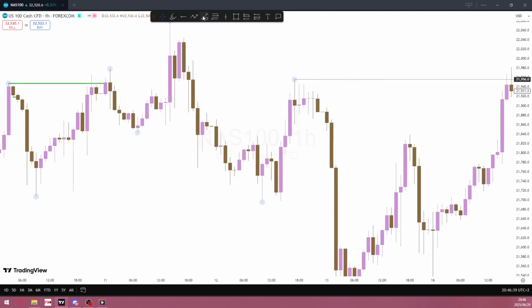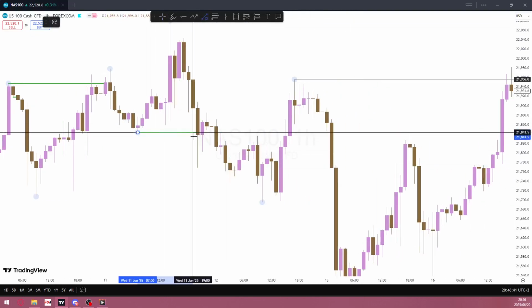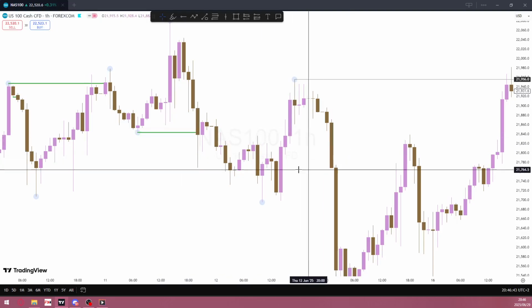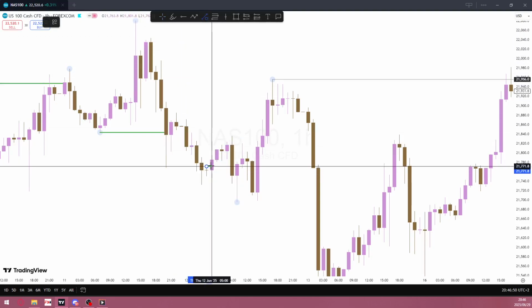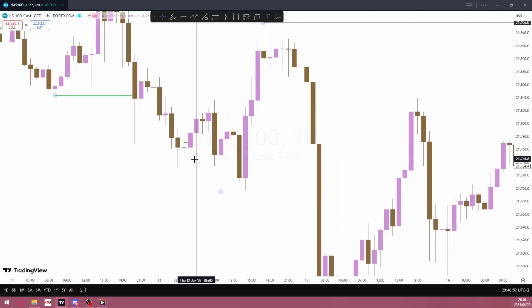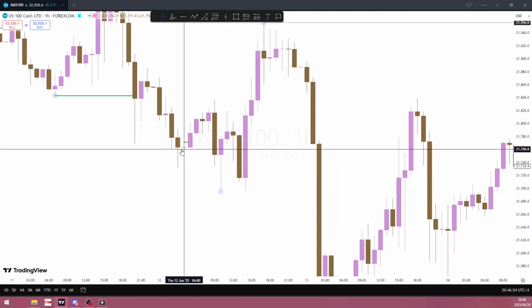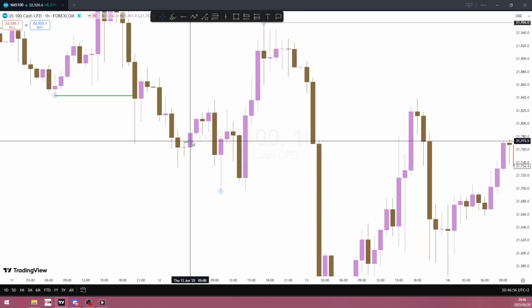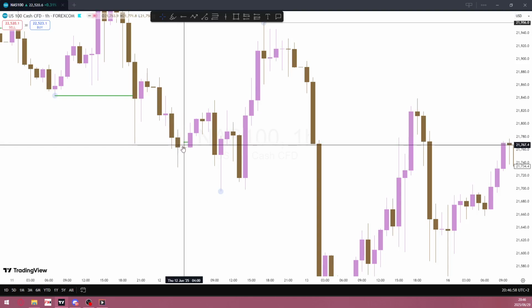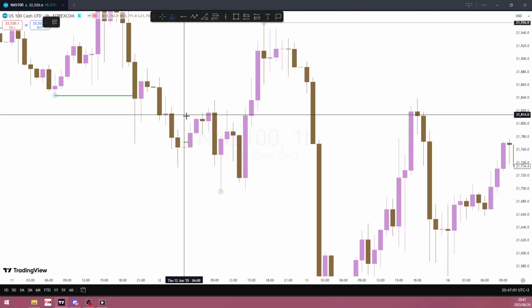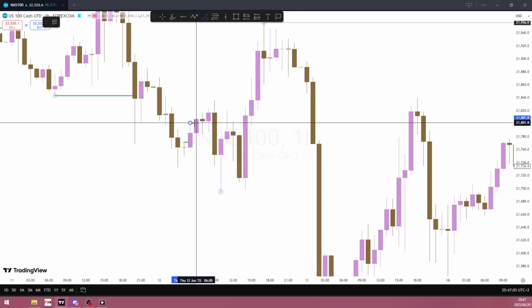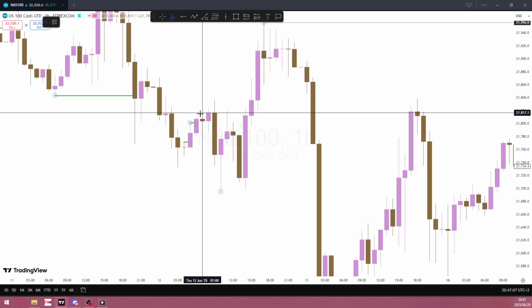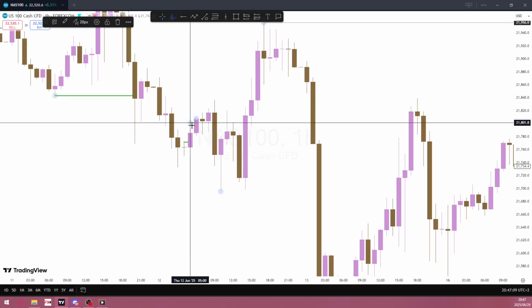So here we'd have a break of this low, then we'd be waiting for the pullback rule, no pullback rule, no pullback rule, sorry, boom, right there. Why? Because this candle closed above with a body close the previous candle's high. So now this right here becomes a newly established high. Then when this candle closes above it, this now becomes the newly established high, so on and so forth.